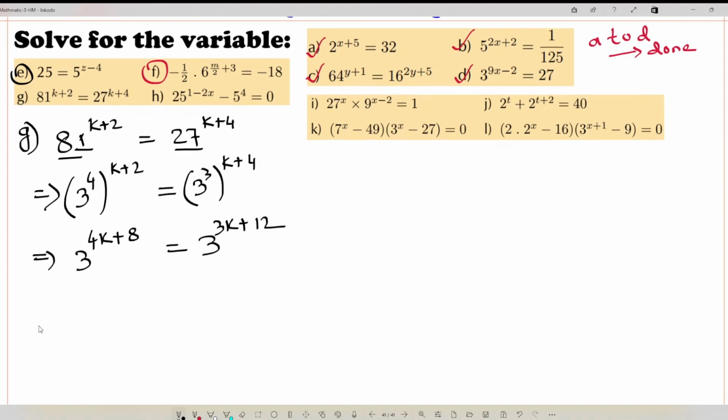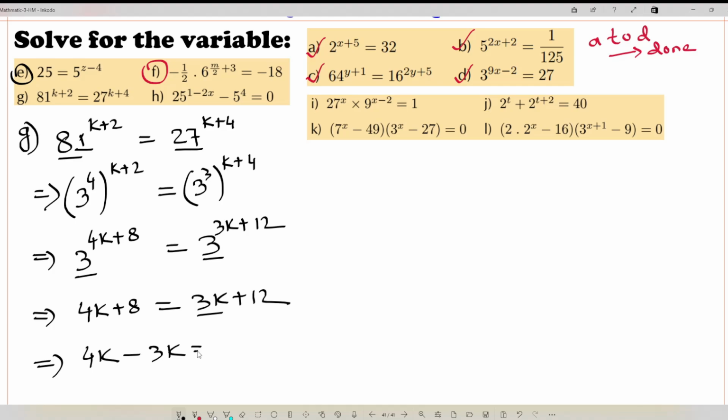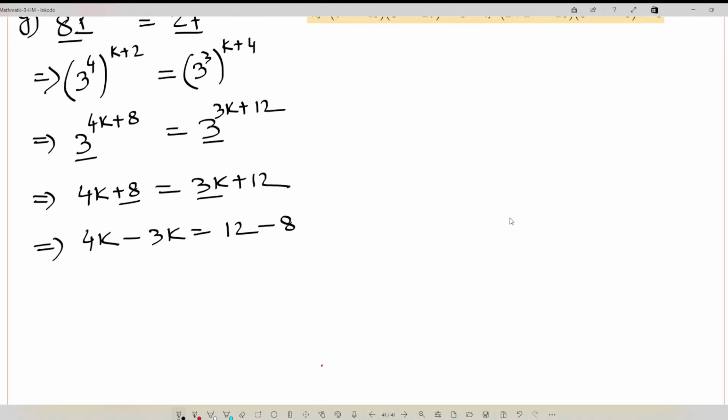Now we can write, here bases are the same, so powers will be equal, 4k plus 8 equals 3k plus 12. Now look, this 3k will become minus 3k, and here 12 plus 8 will become minus 8, right?